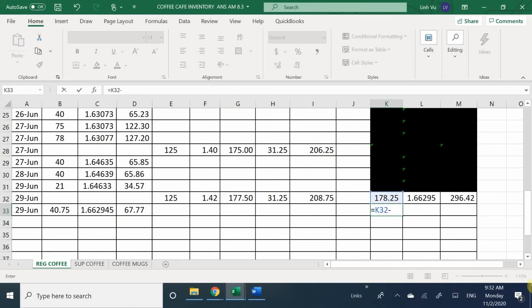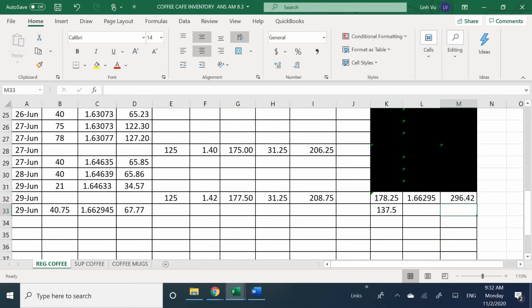And we're gonna subtract 178.25, 47.5. Oh boy, that doesn't look right. It's because I'm doing too much over here. 137.5 pounds. 137.5.